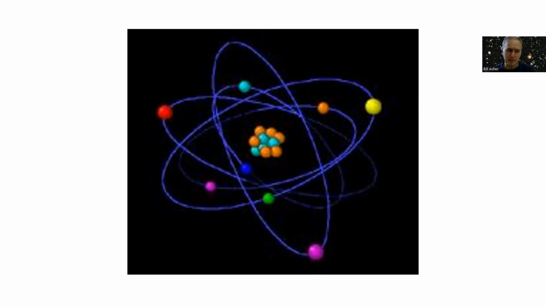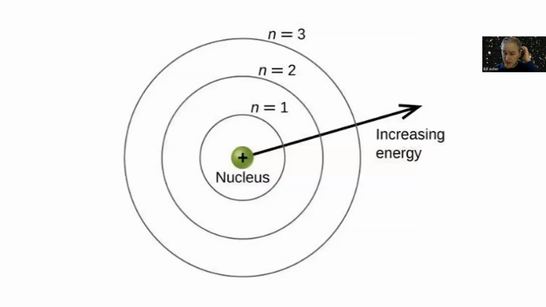But that doesn't happen. And so to rectify this situation, what Bohr said was, well, let's assume that these electrons are confined to particular radii around the atom, in these shells. And we talked about these as the principal quantum number n equals 1, n equals 2, and n equals 3.